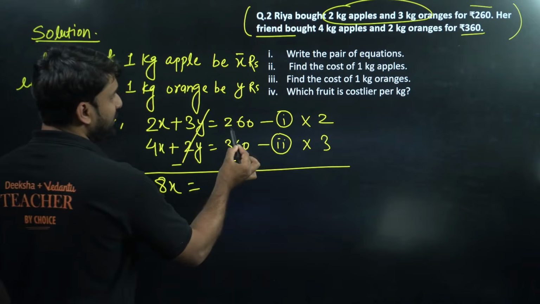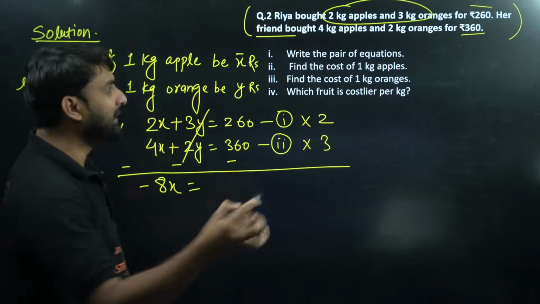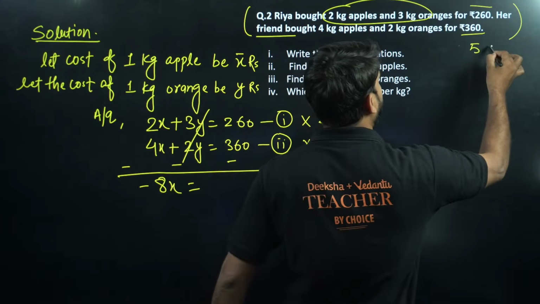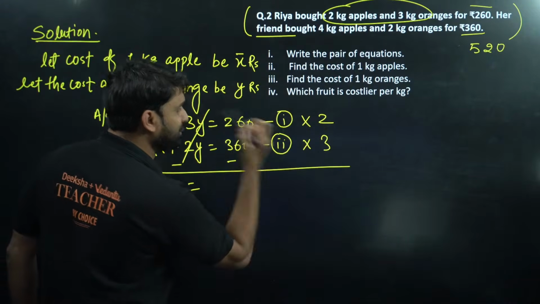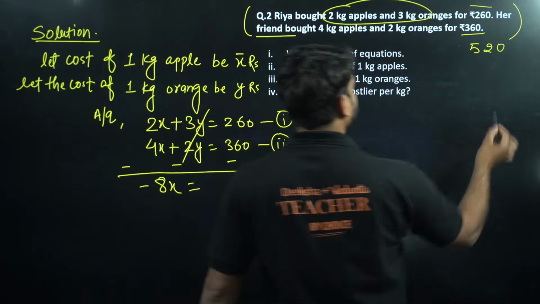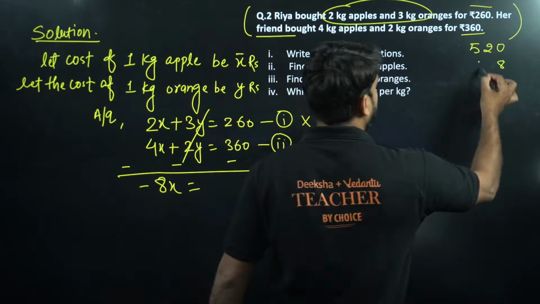Okay, now moving to next. So 260 into 2 will be 520. Let's do it in rough. 520, right? And 360 into 3 will be what? Come on, champion. 6 threes are 18, and 3 threes are 9, plus 1, 10.